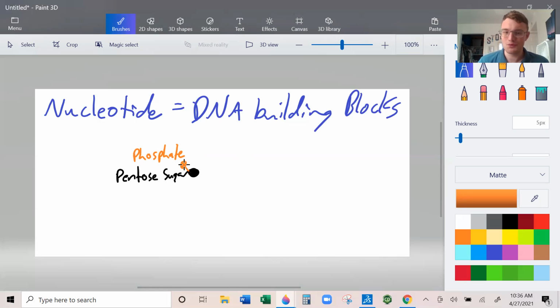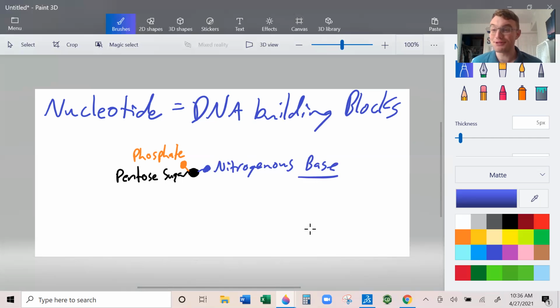So there's the phosphate poking off of one side of the sugar, and poking off the other side of the sugar is what we call the nitrogenous base. Sometimes it's just referred to as a base, but the official name is the nitrogenous base.